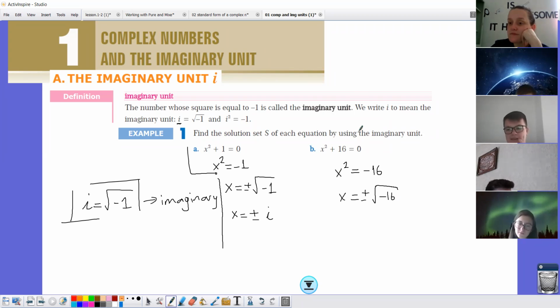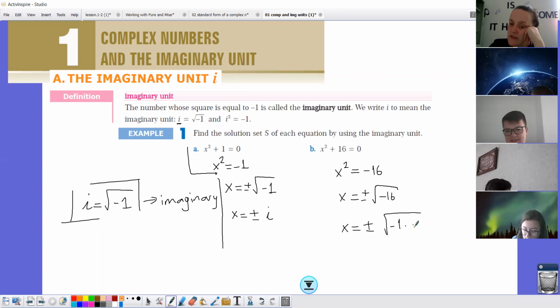It will be i. So I can write -16 as -1 times 16, and this is plus or minus root of -1 times root of 16. Root of 16 is 4.